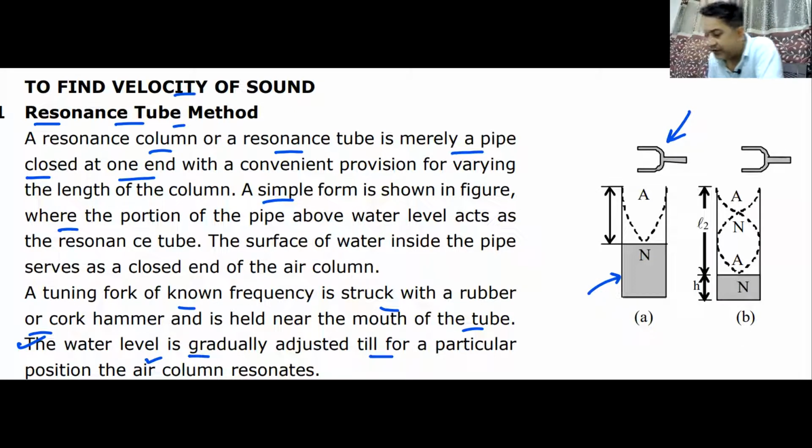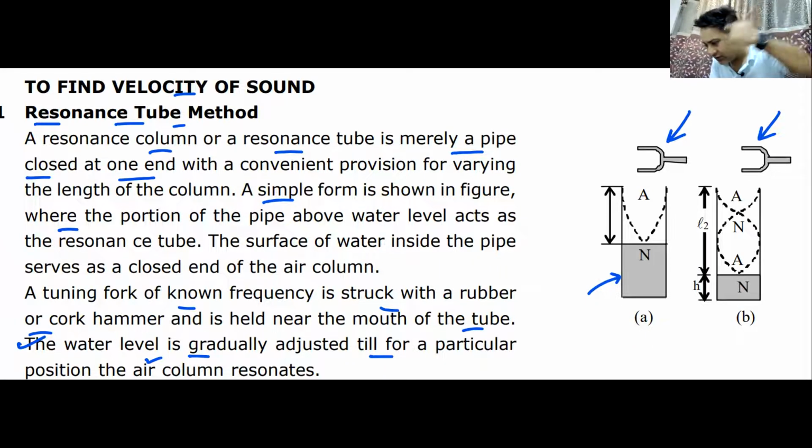And resonance means the frequency of this tuning fork is the same as the frequency that we are getting from the organ pipe. Do we understand this? This air column, which is closed at one end, is going to have some frequency of its own. We have seen the frequency. For a closed pipe, you only have odd frequencies. Do we remember this?